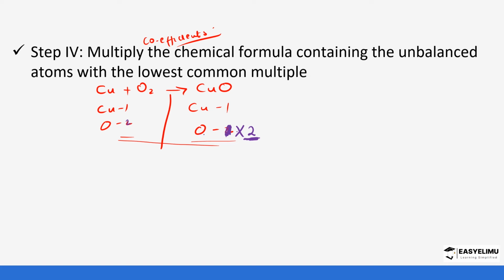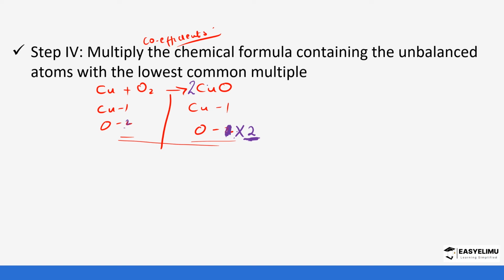This oxygen atom is in the copper oxide. It's not on its own, it's in a compound. So this two that we have multiplied with must be placed in front of the compound. So you put that two here, not on just the oxygen, but the whole compound. So you see our oxygens are now okay.